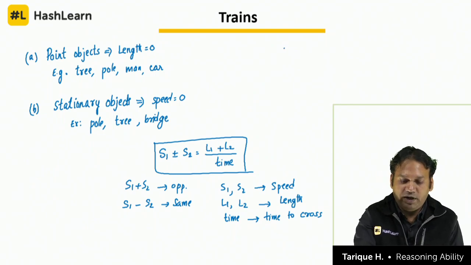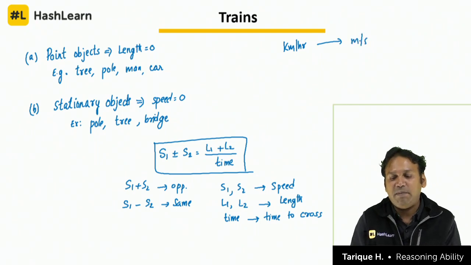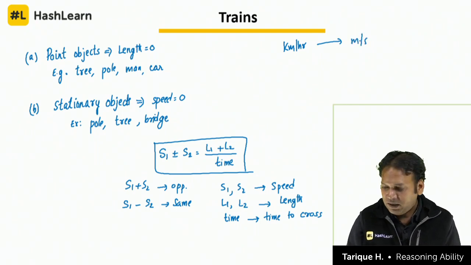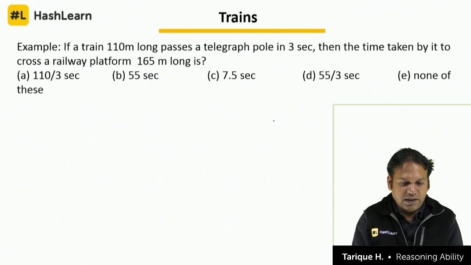Remember that in questions on trains, if the speed is given in kilometers per hour, convert it immediately into meters per second, because length will mostly be given in meters. Let me take a few example questions and work them out quickly for you to understand how we apply this formula. Let us take this question first.